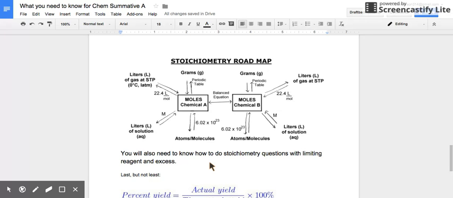To do that, you will need to be able to convert both reactants' amounts into moles, and then compare. You want to find how many moles of reagent A you need to get all reagent B used up, and vice versa. That's how you identify limiting reagent as well as excess.